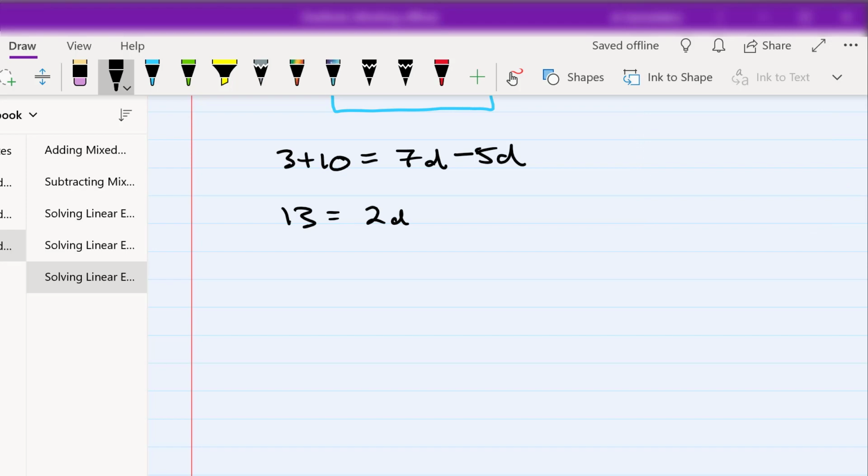To get d alone, we divide both sides by 2. So we have 13 halves equals d, or d is equal to 6 with 1 half left over. Isn't that awesome?